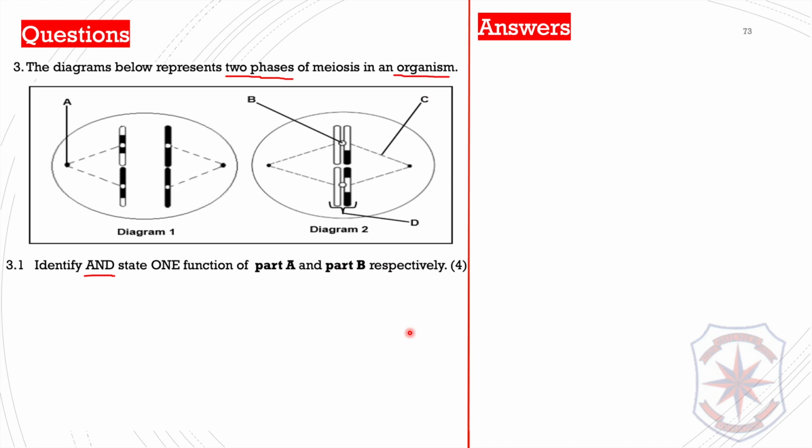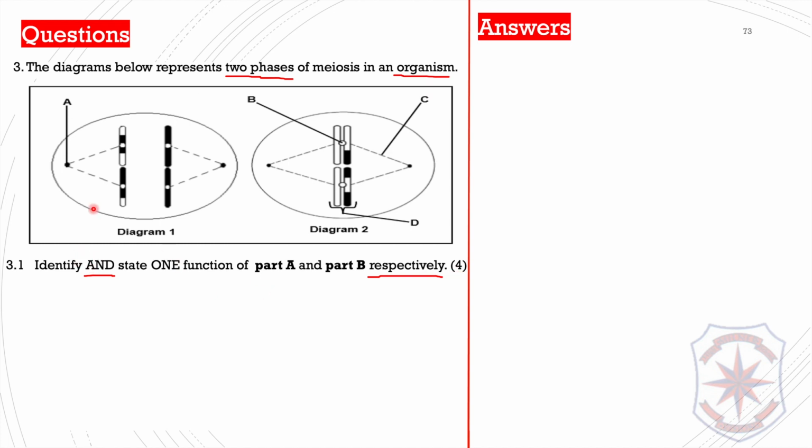Okay, now the word respectively means separately or individually. Therefore you have to identify and give a function of part A, and then you have to identify and give a function for part B to get a total of 4 marks.